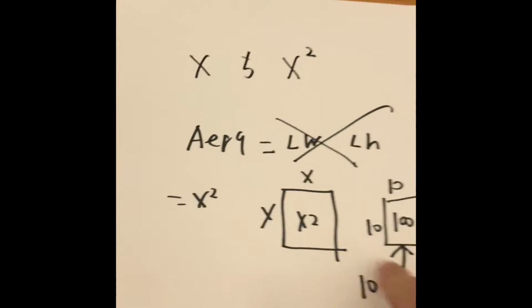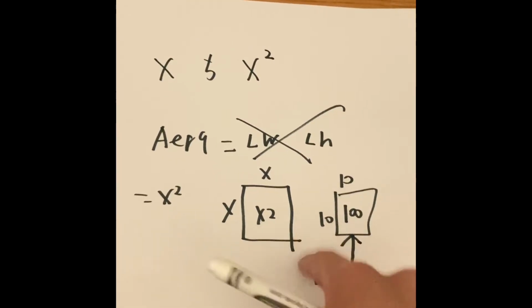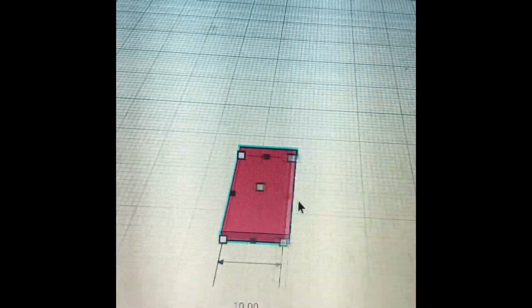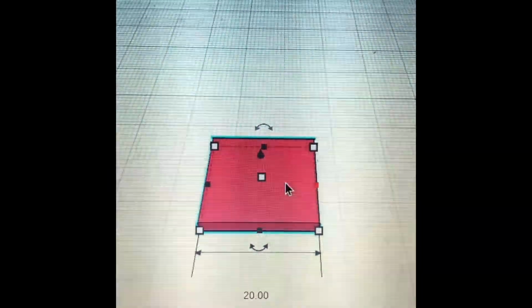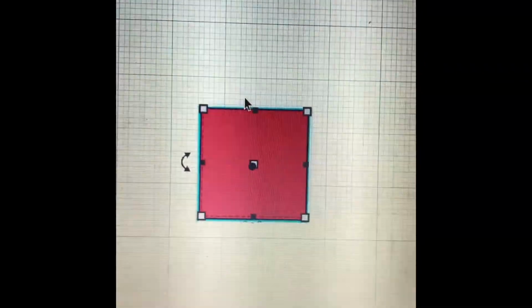So with the area method, we're going to use a lot of multiplying visually on a square or a rectangle. Here's an example: length times the width will equal a square, or x squared.